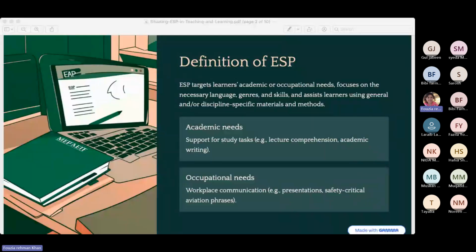Muqaddas, please mute your mobile. Okay, Mahin. Yes, finally, Mahin. Where is Mahin? Yes, Mahin. Are your needs academic or occupational?